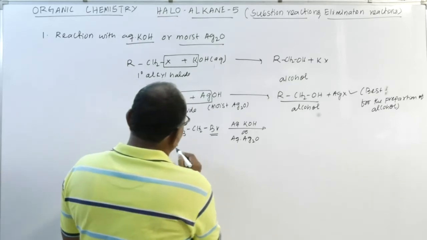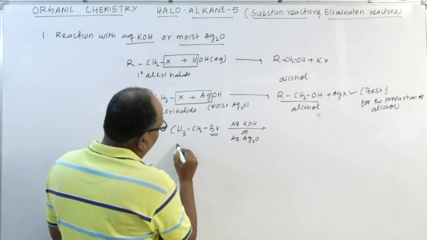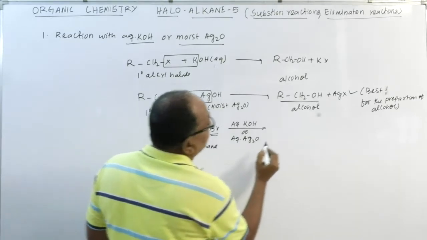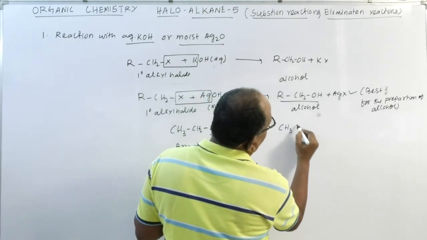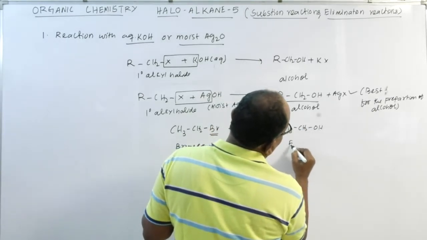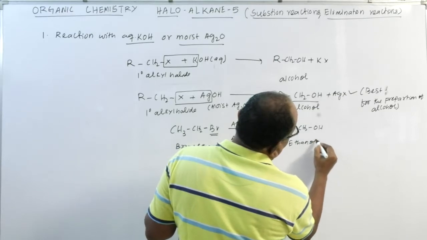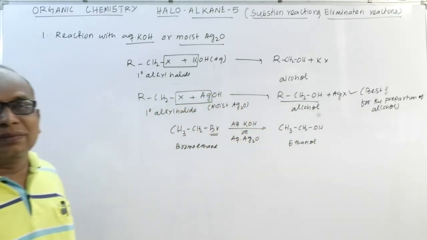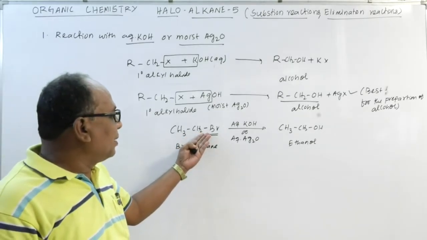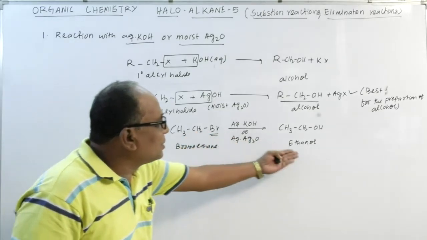It was bromoethane, and it gives you CH3CH2OH. This is your ethanol. You see, the ethyl bromide is converted to ethanol.